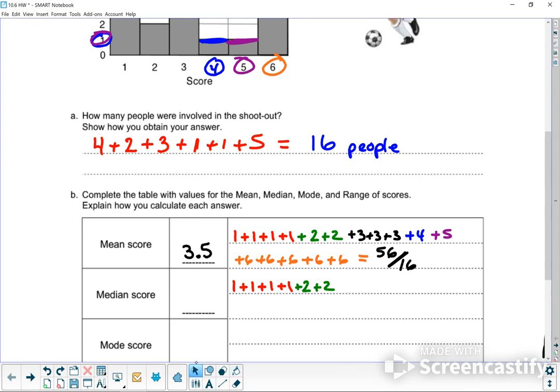And then take these. It's a little slow, but bear with me. Plus 4, or I'll just write it in. Plus 5. And then the plus 6s.